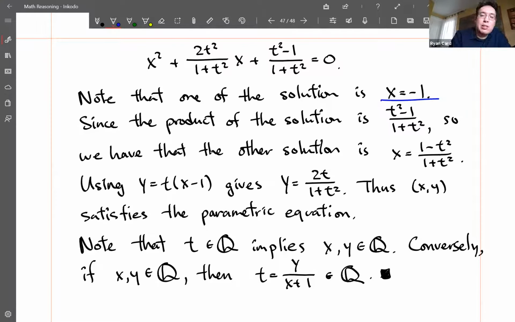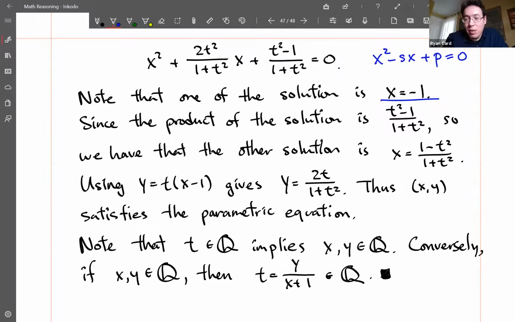And notice how this is a quadratic equation. I don't know if you remember, but on the very first day of this class, we talked about how a quadratic equation was equivalent to this form, where P is the product of the two solutions and S is the sum of the two solutions.